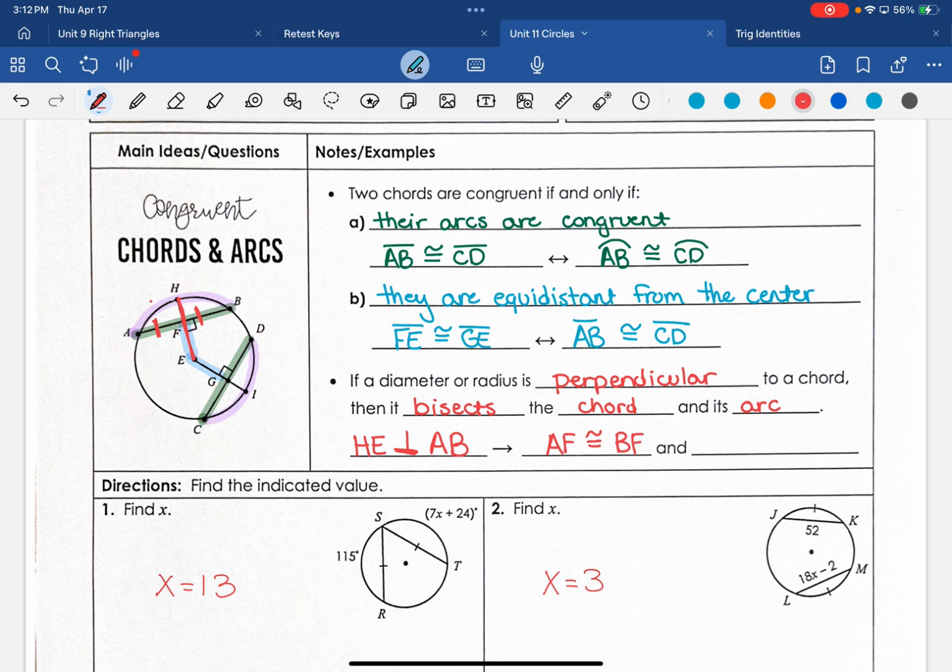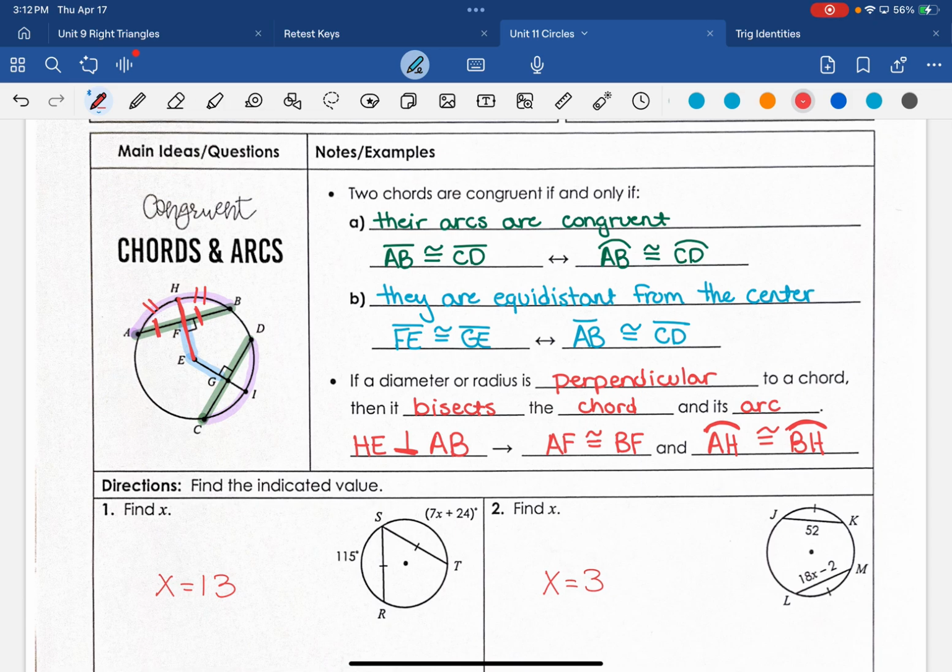And the arc AH is congruent to what? The arc BH. Again, most of this is super straightforward. They're cut in half. All the stuff is equal. That's pretty much what we're looking at on here.